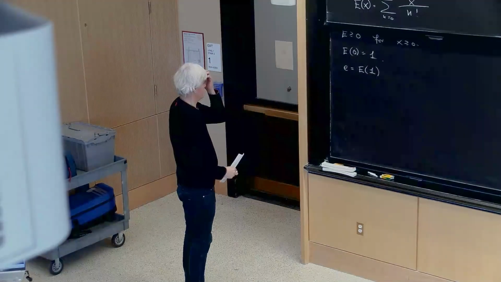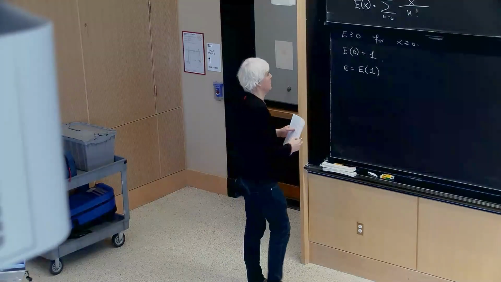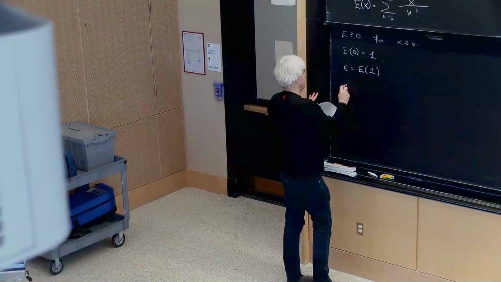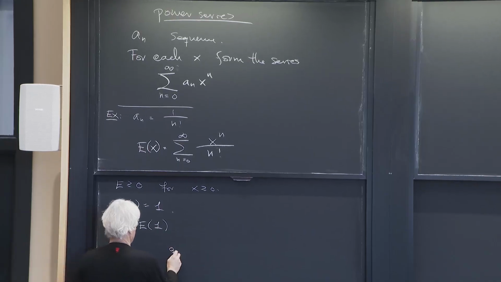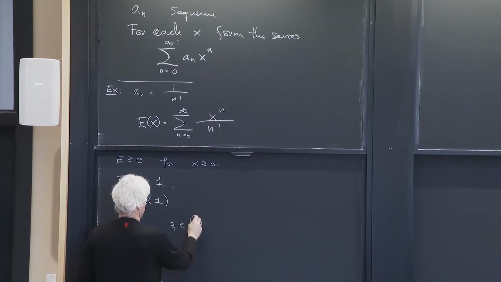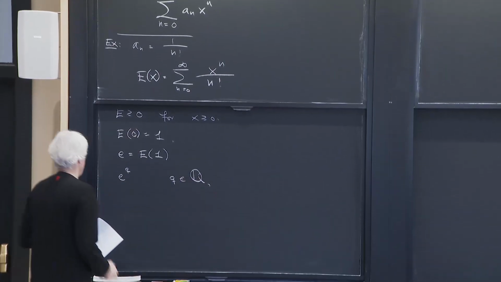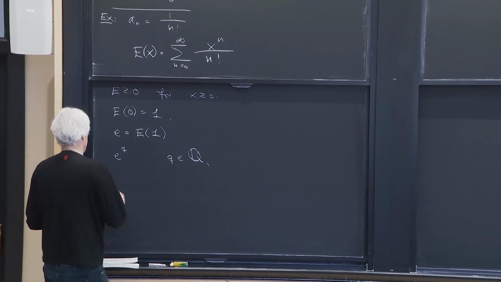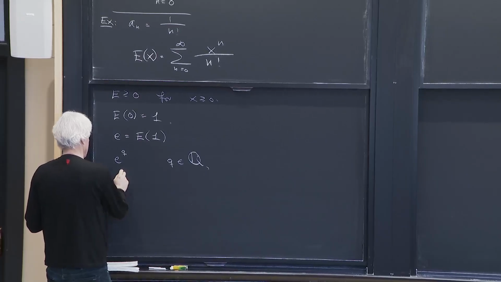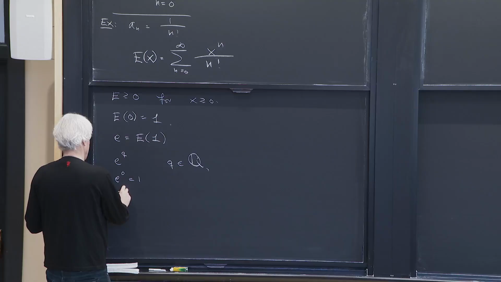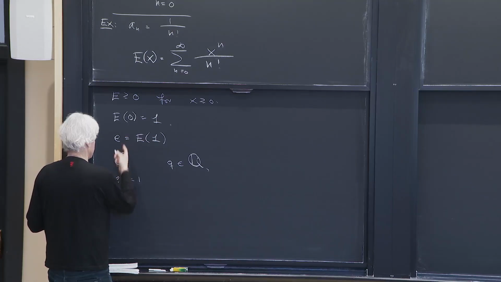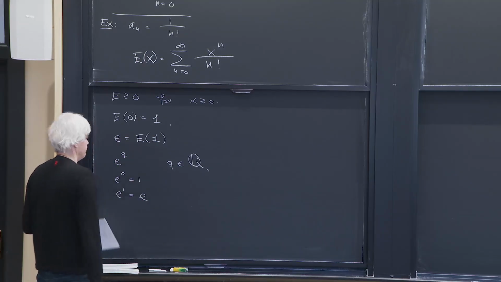And then we defined another function, e to the q, where q here is now a rational number. And it was defined, in particular, e to the 0 was defined to be equal to 1. e to the 1 was just defined to be e.